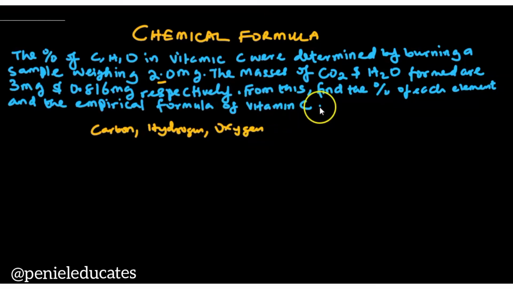Those are the 3 elements. They say we should find the percentage of each element and the empirical formula. So now let us start with carbon. Let us find the mass of carbon.